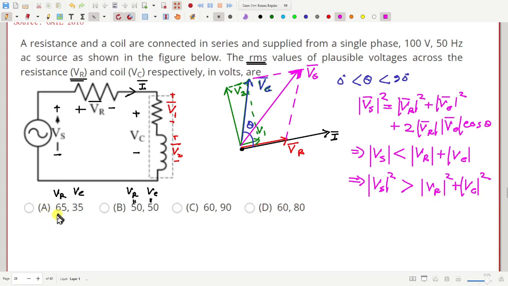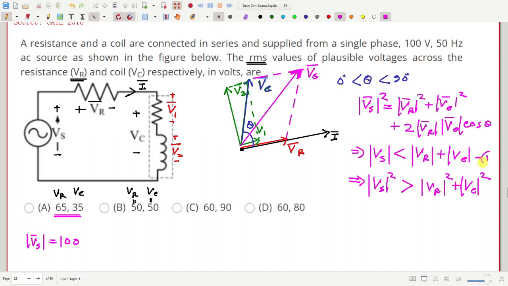Now let us check among these four possible given options, which one is satisfying both these conditions. The first one, is it satisfying? So mod Vs is 100. VR plus VC cannot be 65 plus 35, because then this first condition will be violated.